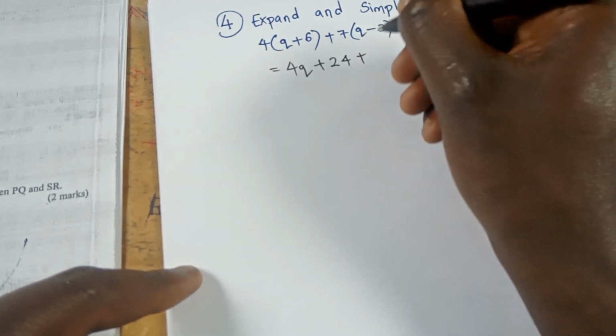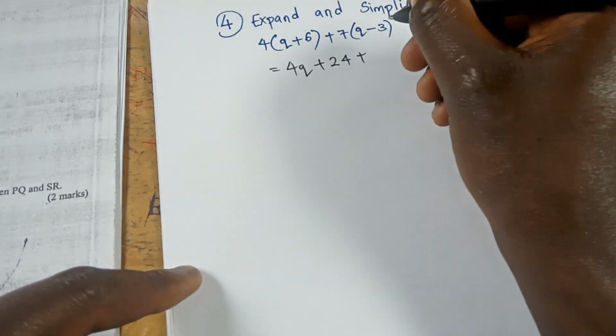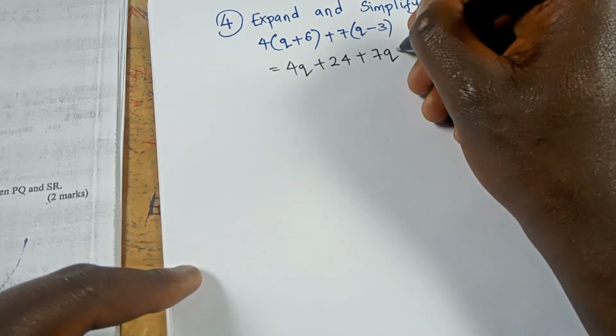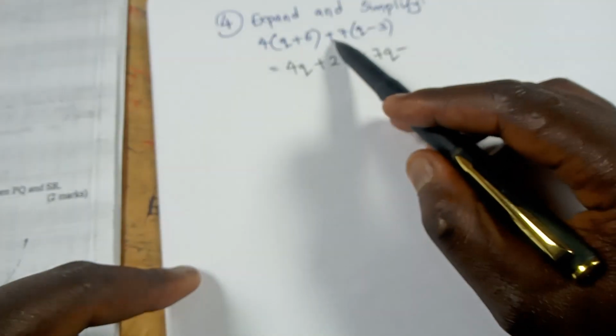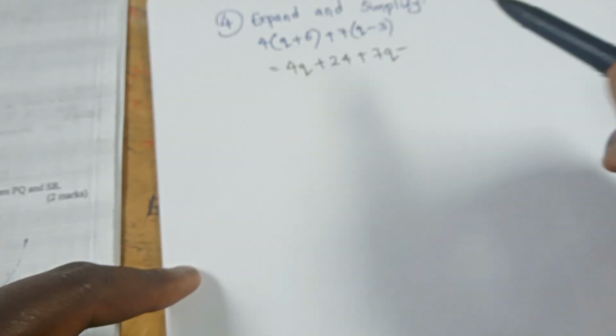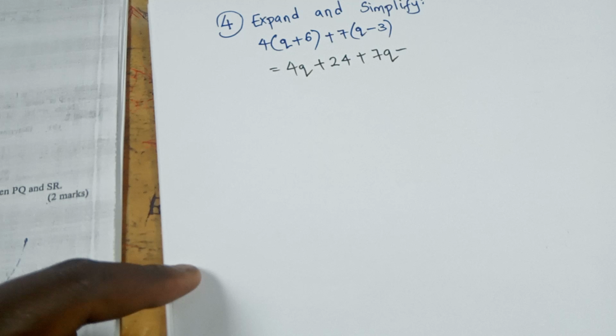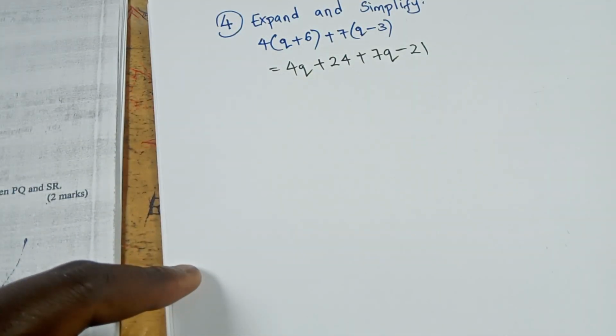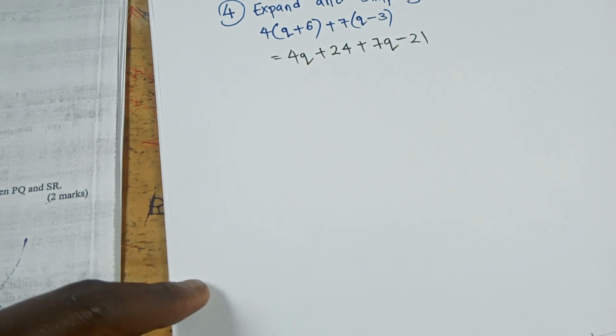Then plus 7 multiplied by q is 7q. Then positive 7 times minus 3 is equal to negative, so it will be minus 21.